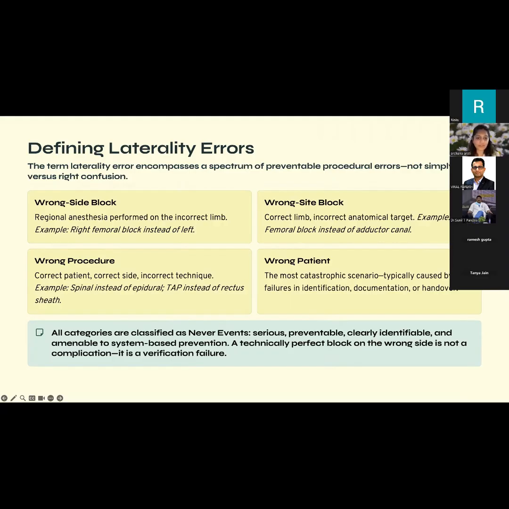All of these are classified as never events. They are serious, preventable, clearly identifiable, and a proper system in place should make them amenable to prevention totally. So even if you're technically perfect, if you're on the wrong side, you fail.